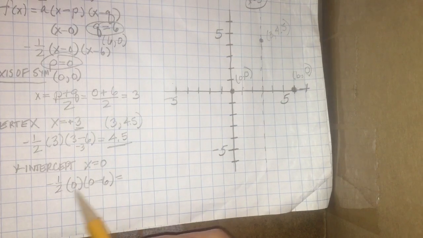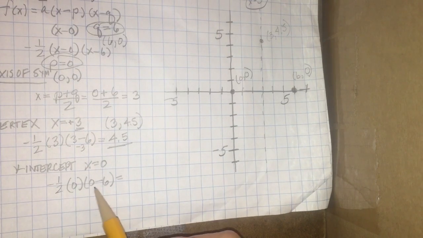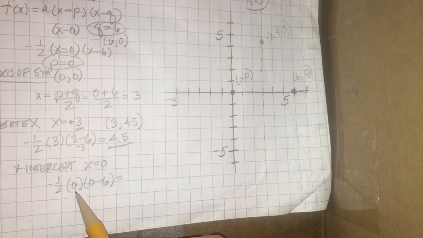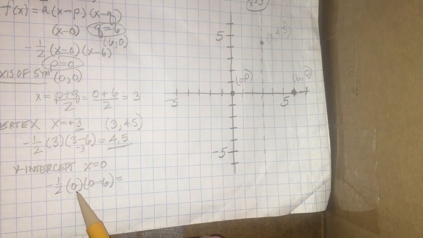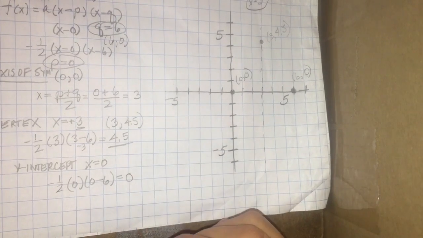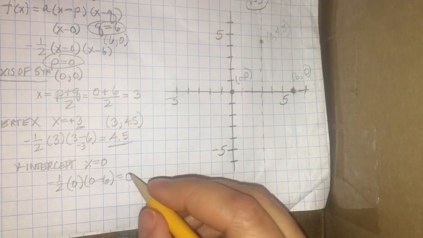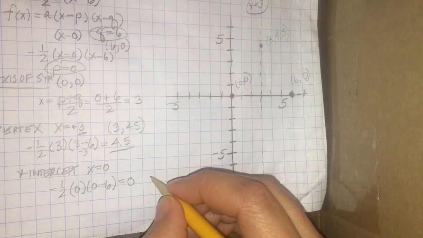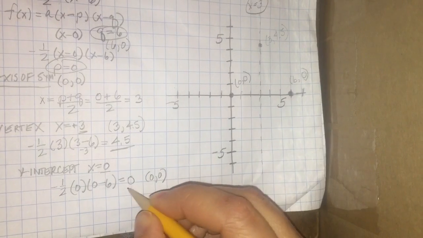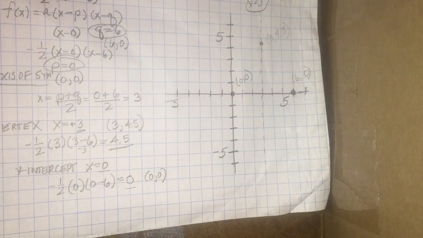Now, when we multiply this out, we get 0 times negative 6 times negative 1/2. Well, any product that contains a 0, when you're multiplying, 0 times anything is 0. Therefore, it's going to be 0. So our y-intercept is going to be 0, 0.